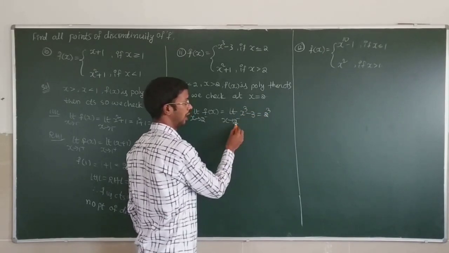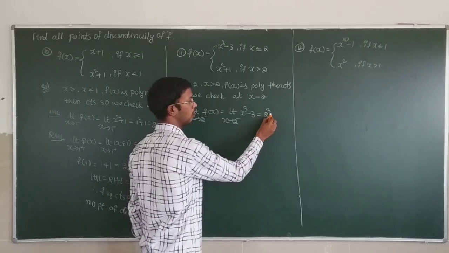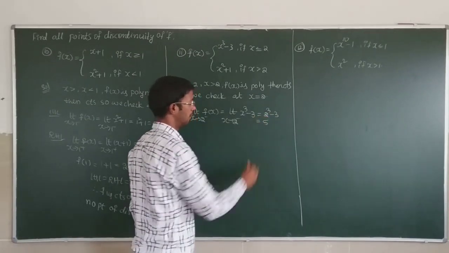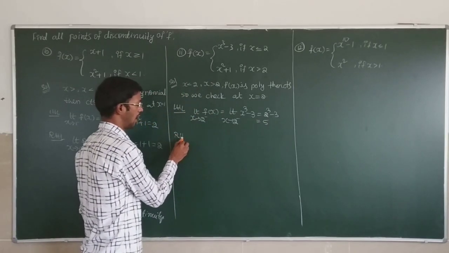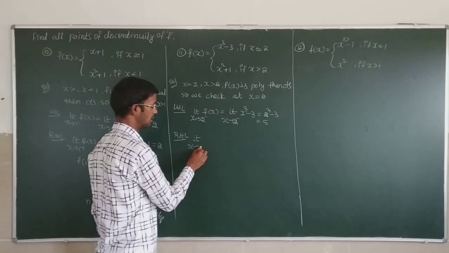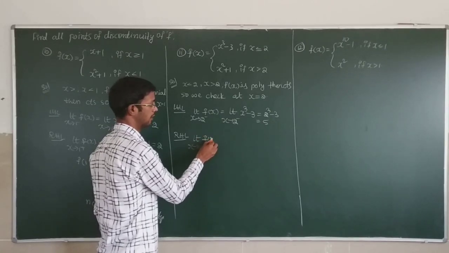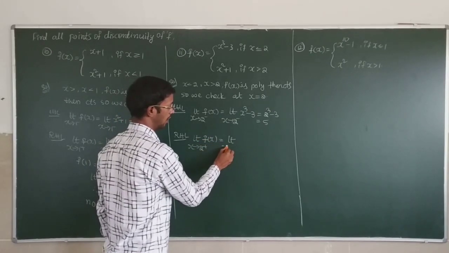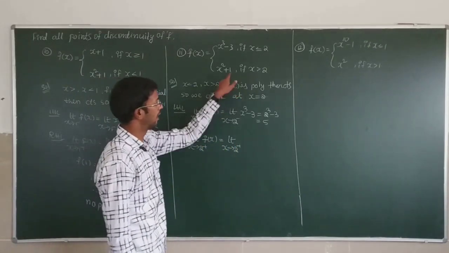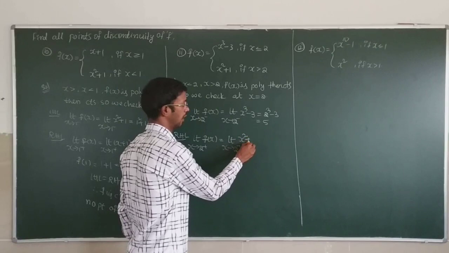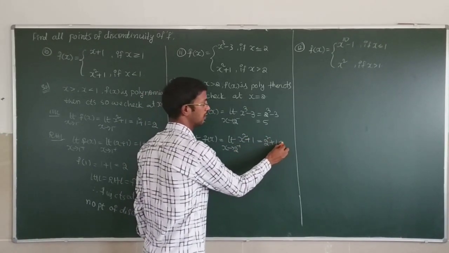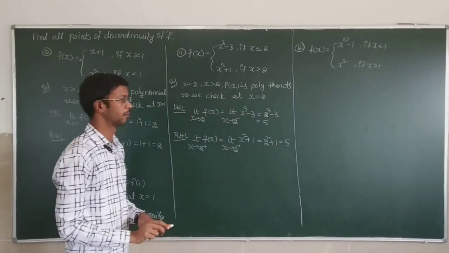Substitute 2 here, 2 cube is 8, 8 minus 3 is 5. Next, RHL part. Limit x tends to 2 plus f of x, greater than 2, x square plus 1. Substitute that, 2 square plus 1 is 5.